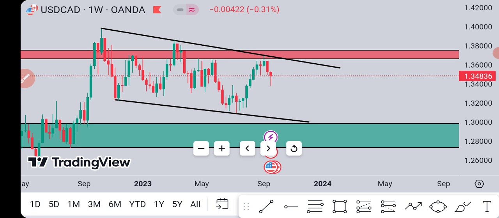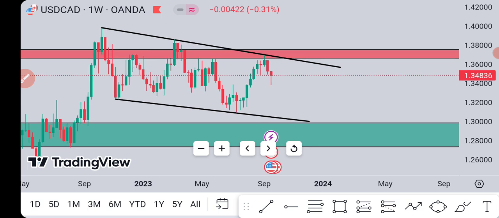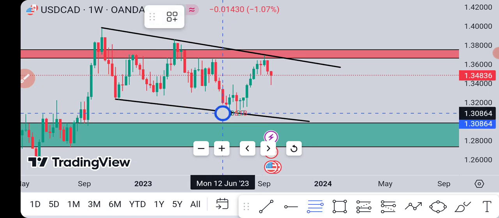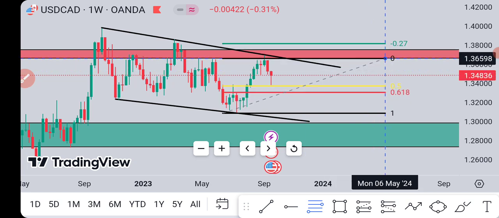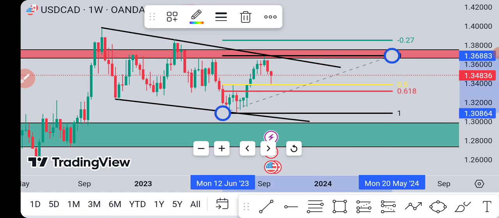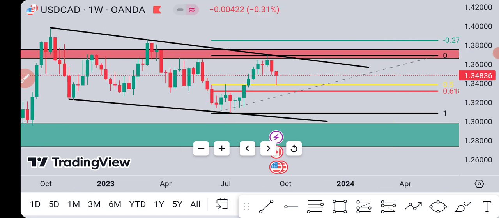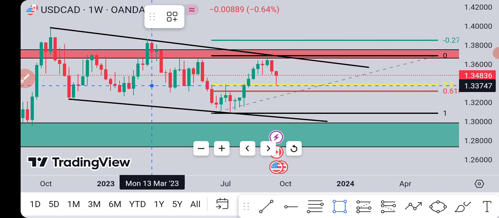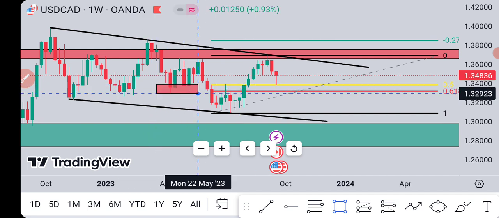And if I take my Fibonacci on the weekly time frame from low to high, we just get a touch of that 50% retracement level, which is this zone.